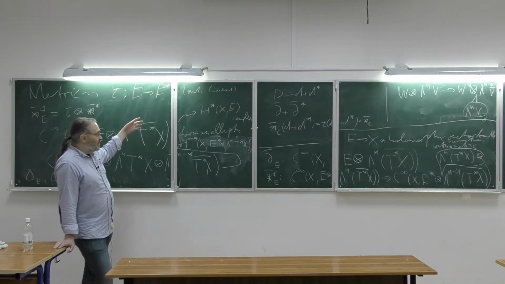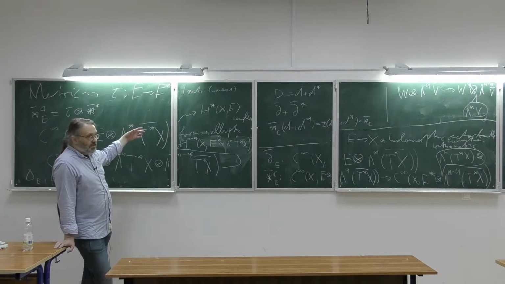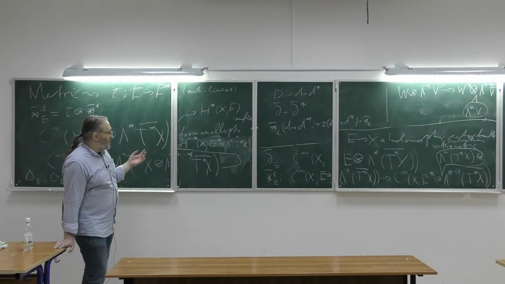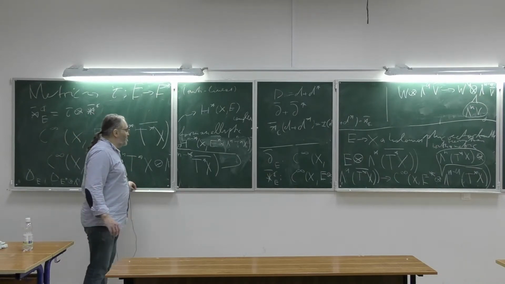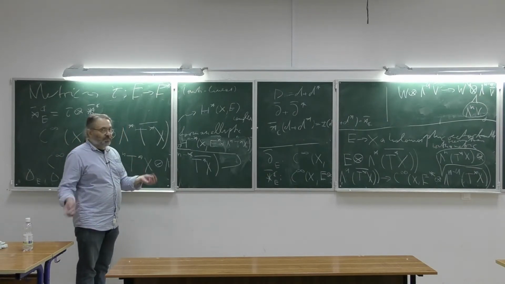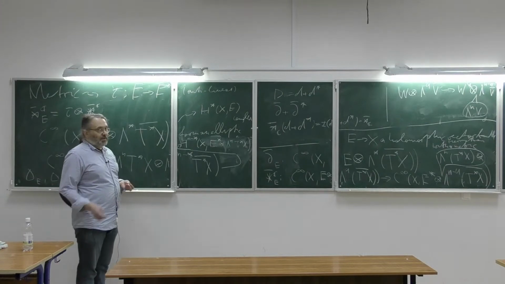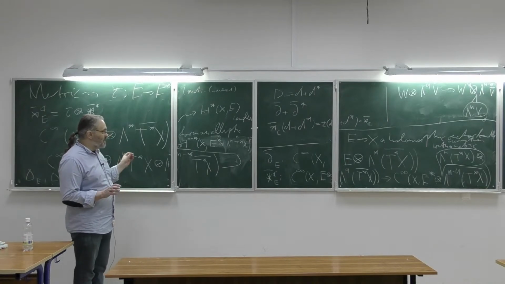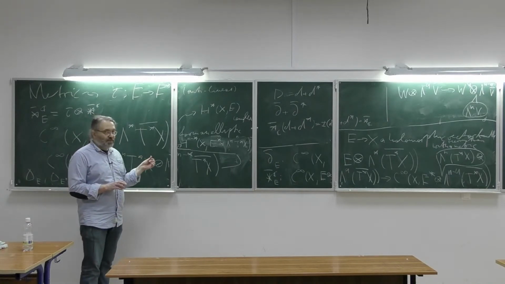The Dolbeault resolution does not require a metric. But then we need a metric to have an elliptic operator. For different metrics, we will get different subspaces of harmonic elements.